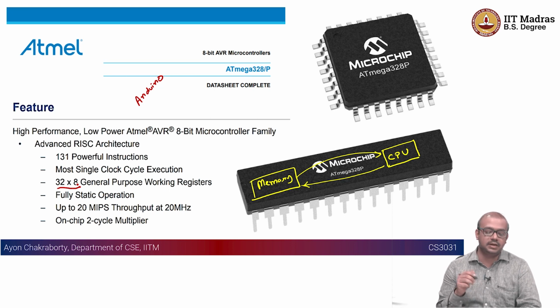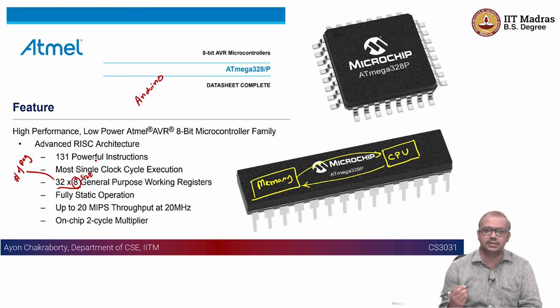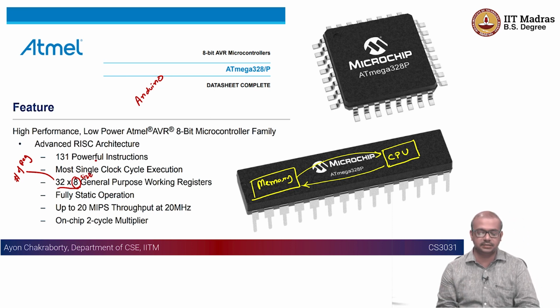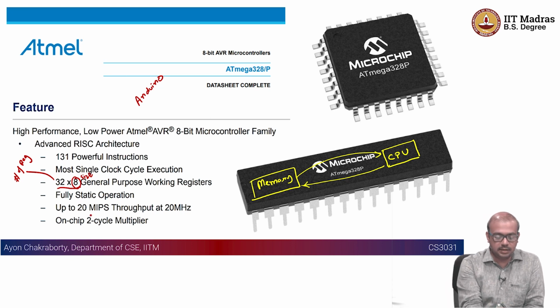So 3 into 8 general purpose register. 8 stands for 8 bits. So this is the number of registers, and this is the size. For us also it is a byte, right? It's an 8-bit register. I am also going to talk about this.